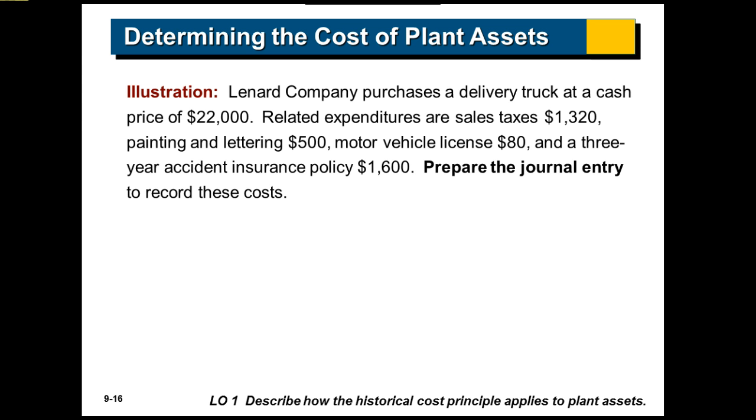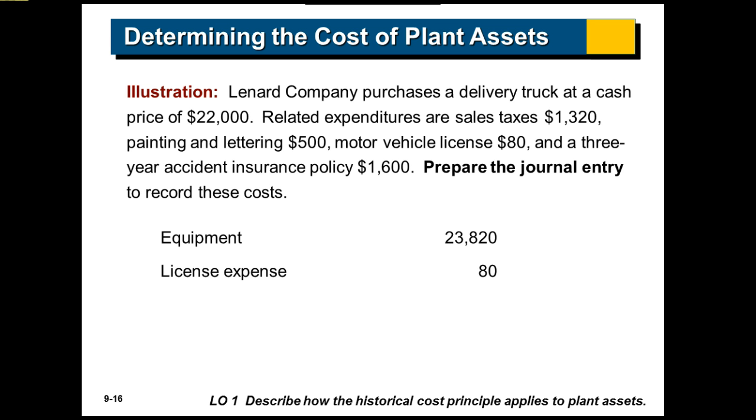So we have the delivery truck of $22,000, and then we'll add to that our sales tax and any improvements on it. So we're going to do a journal entry to show how we're going to record that delivery truck. We could treat it as a delivery truck or we could treat it as equipment. So we'll take the $22,000, the $1,320, and the $500 to give us our total cost of the equipment.